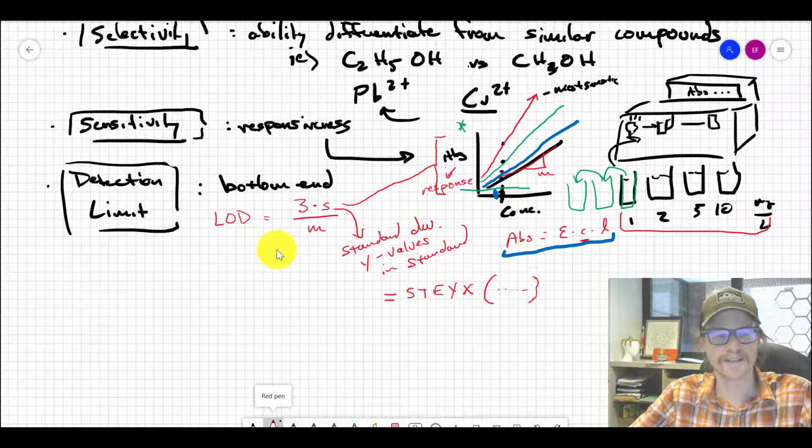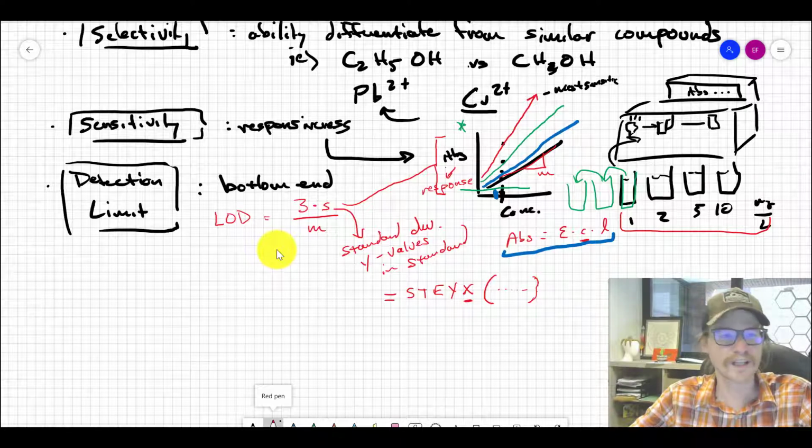What this stands for is the standard error in Y of the X variable. Essentially, we're looking at the error in the Y dimension.